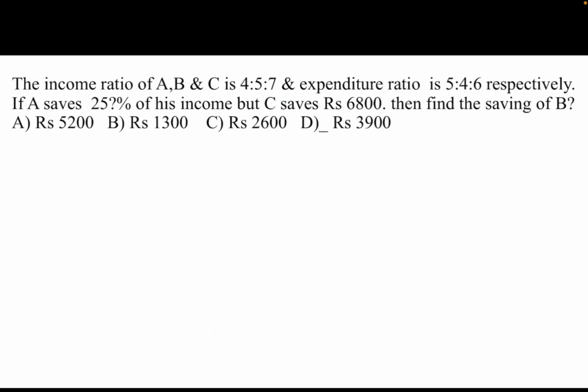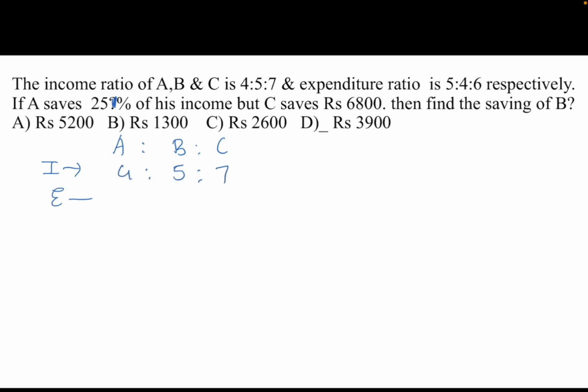The income ratio of A, B and C is 4 is to 5 is to 7 and the expenditure ratio is 5 is to 4 is to 6 respectively. If A saves 25% of his income, but C saves 6800, then find the savings of B. Then they have given A is to B is to C. The income ratio is 4 is to 5 is to 7.